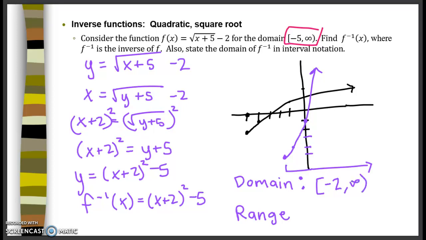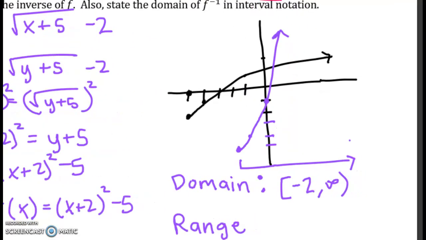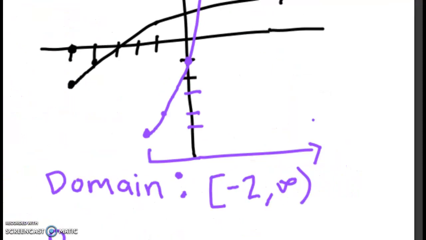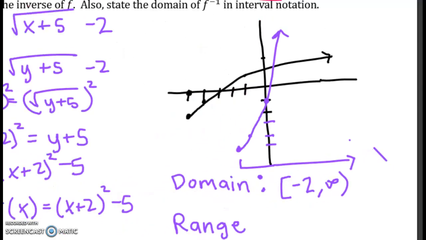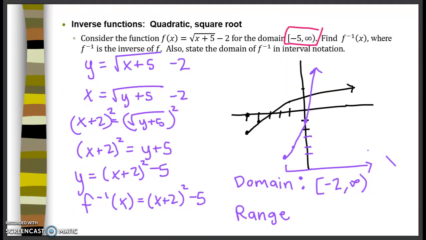Now, if this was a regular parabola, it would continue on this side, but I'm only including the side that goes from -2 to infinity. And for the range, where does my graph start? My graph starts at -5 and goes up.